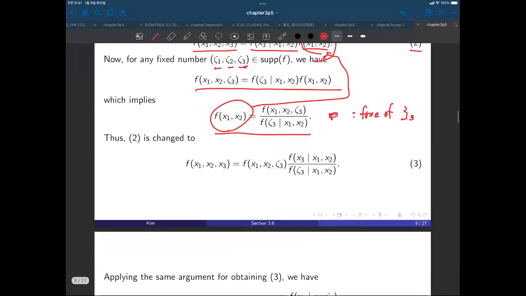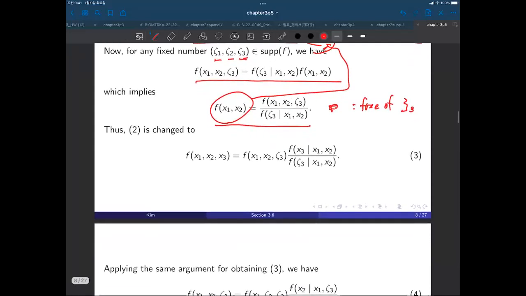So equation 3 basically means you're able to relax this x3 by some constant and make an extra term to get the equation. Although x1, x2, x3 are jointly related, you are able to write it as a conditional distribution.